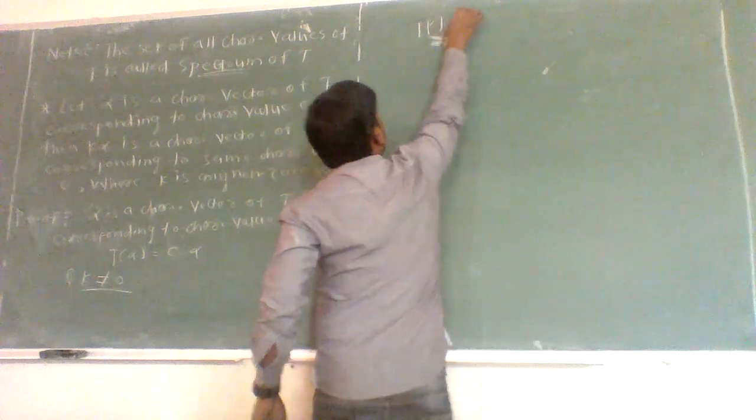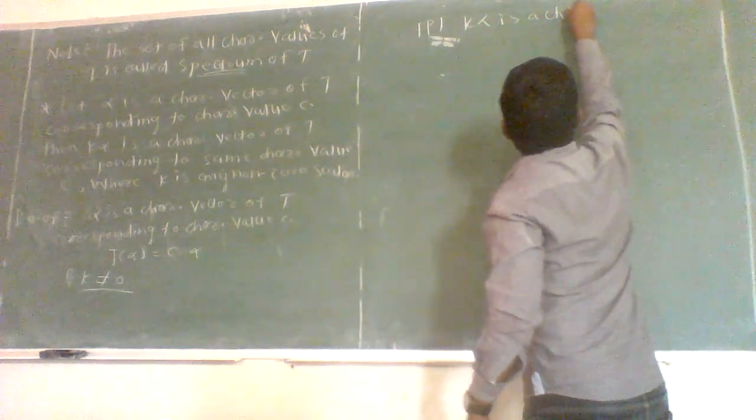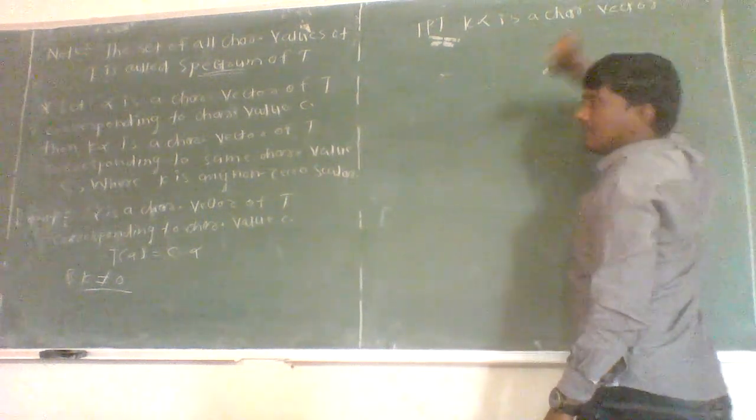Now we have to prove that K alpha is a characteristic vector corresponding to characteristic value C.